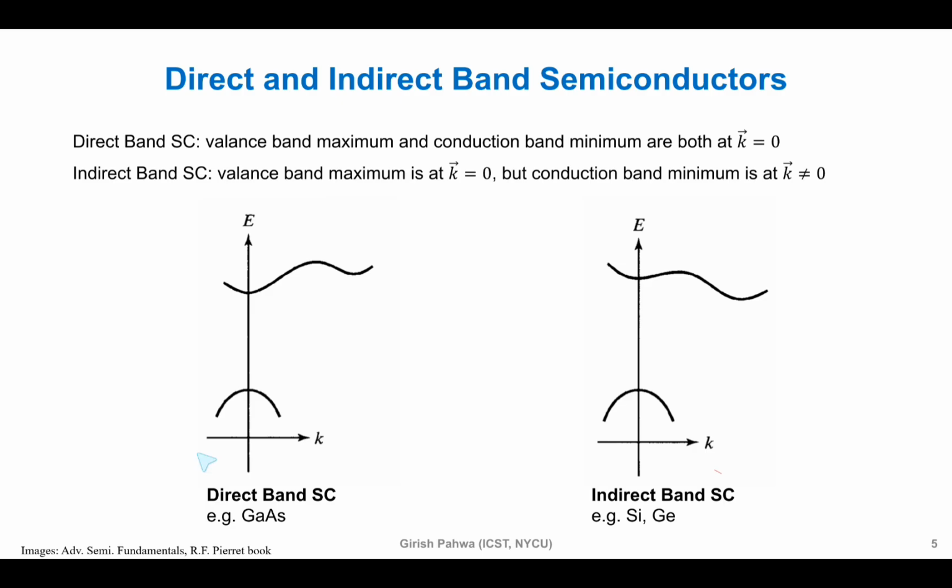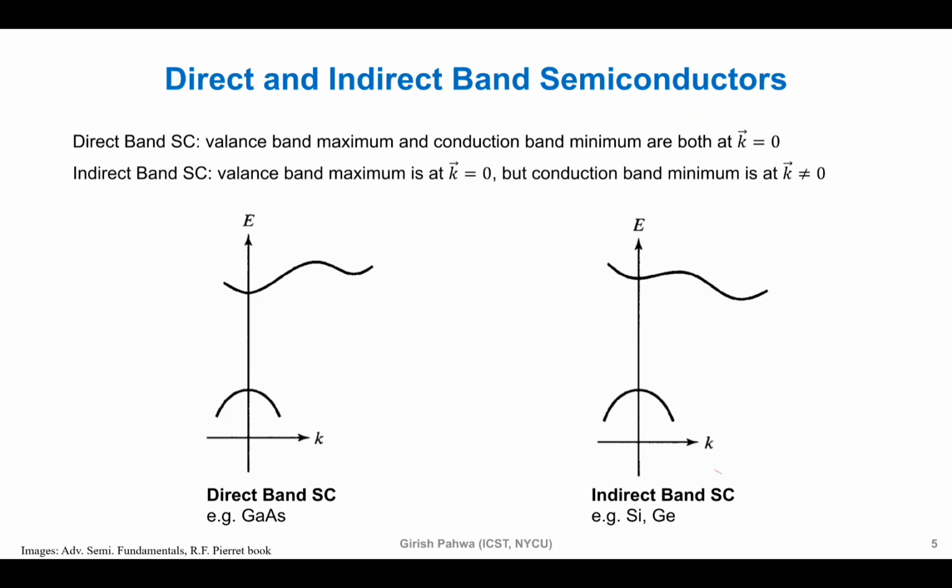Okay, so this has a role to play. Whether the k of the valence band and conduction band are aligned or not aligned plays a role in recombination and generation. What kind of particle an electron can interact with will depend upon whether their k is aligned or not. So what is k? k is crystal momentum. And if it is momentum, it has to follow the conservation of momentum as well.